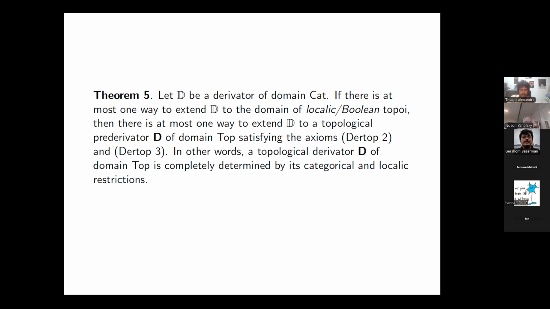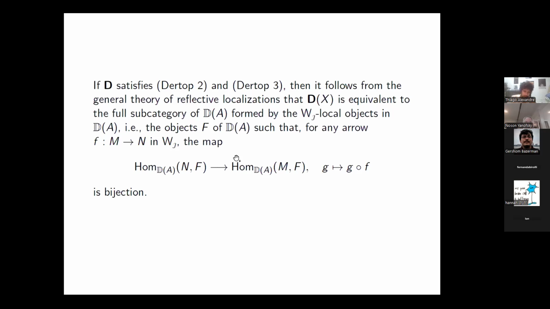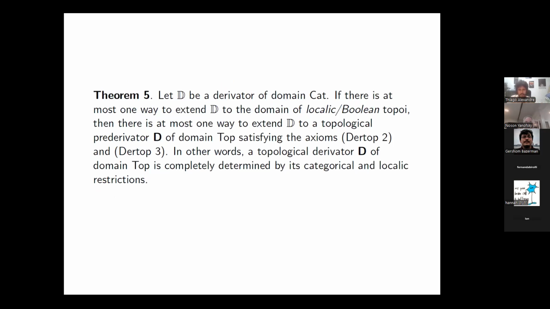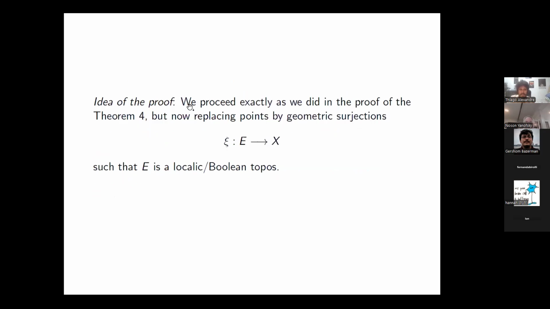But basically, we can reproduce the same arguments we did here for the case of toposes with enough points. But now we can replace points by geometric surjections such that the source E is a localic or Boolean topos.